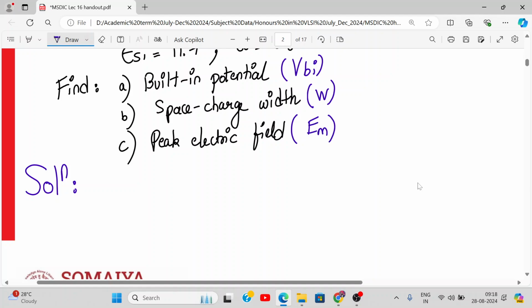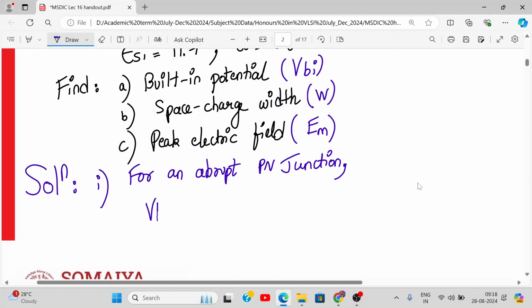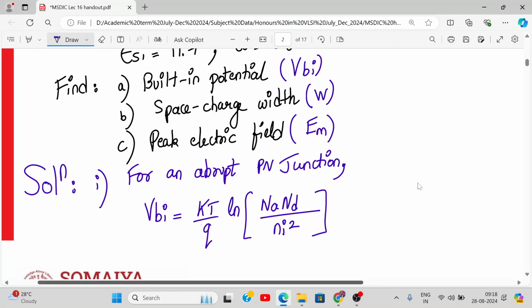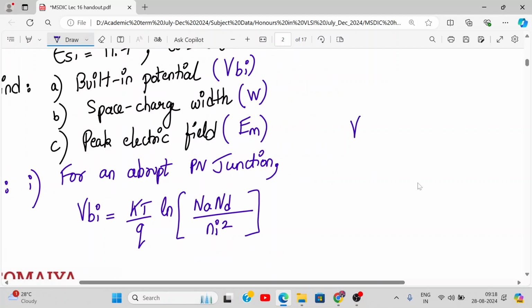Okay, so write down first, for an abrupt PN junction, VBI is given by KT by Q natural log of NA ND upon Ni square. Alright. So what is KT by Q?